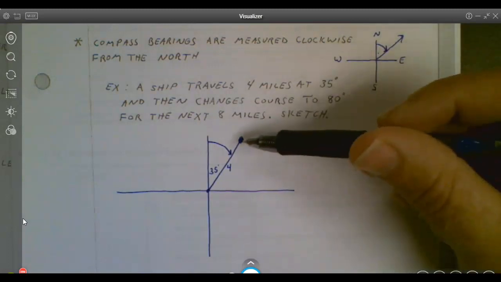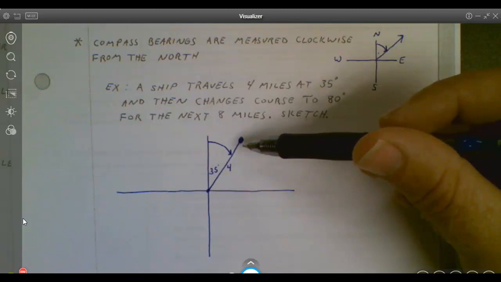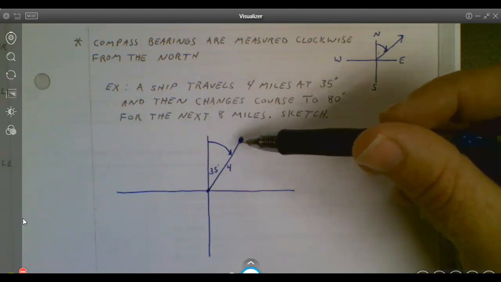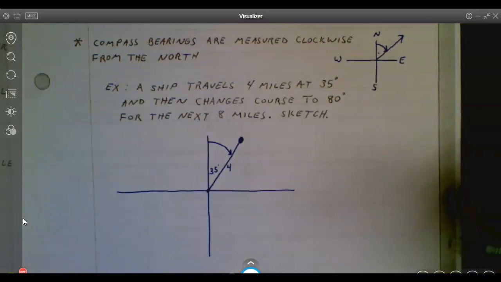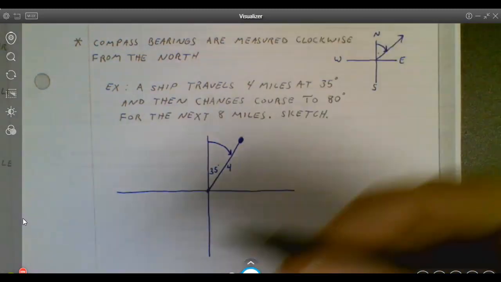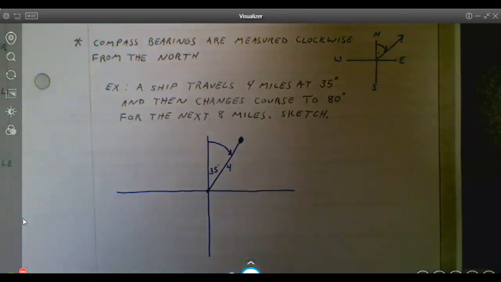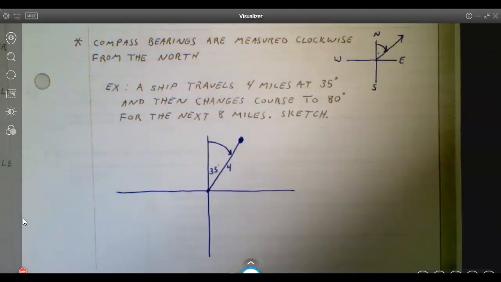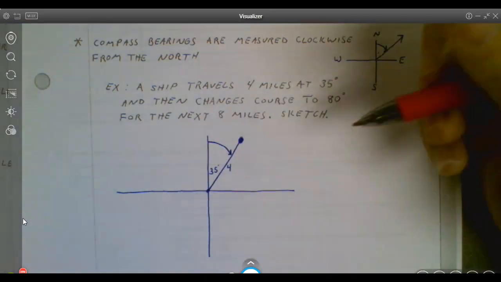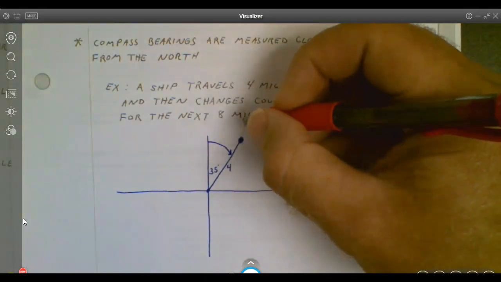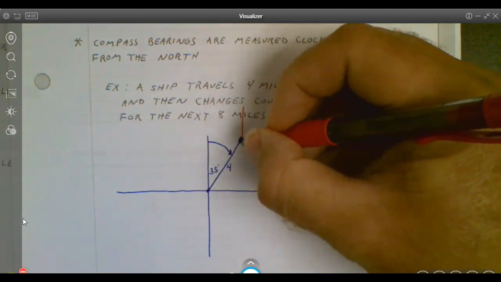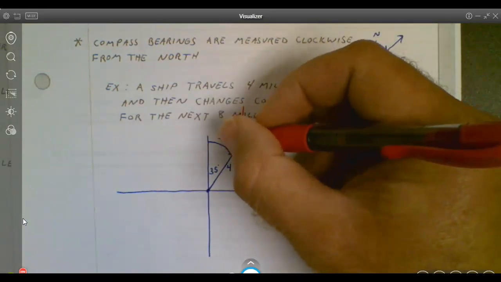So right now he's here, right? But he's going to change course, and now he's going to go 80 degrees from the north for the next 8 miles. I definitely should have drawn this sketch a little lower, but that's okay. So now he, from here, this is his new spot.